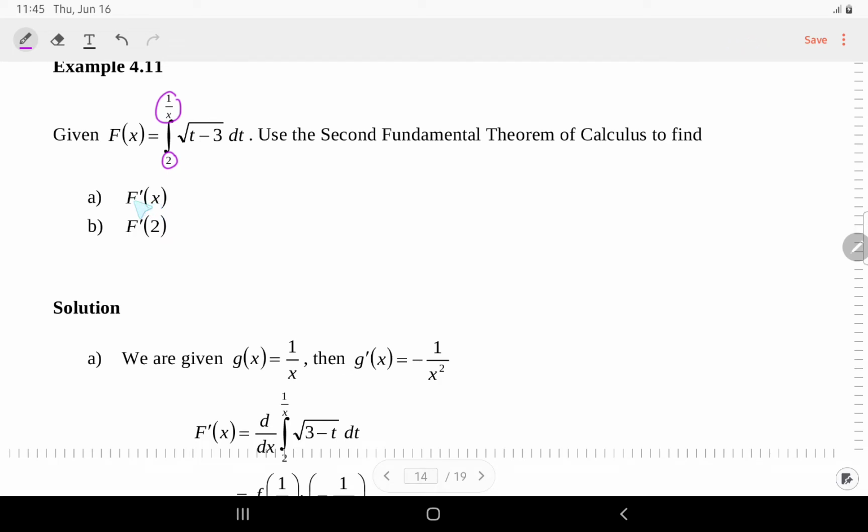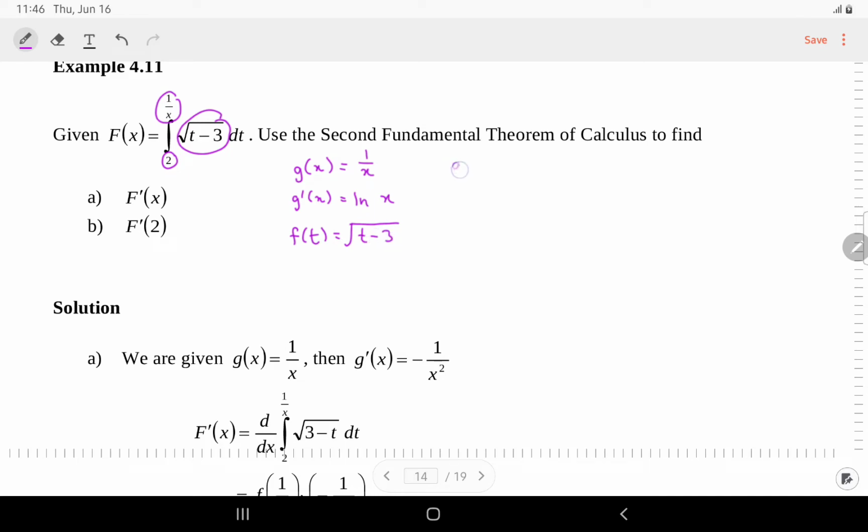Before we use the formula, we need to find what our g is. g is the upper limit, so our g is 1 over x, and then g prime x is ln x. And our f of t is t minus 3.